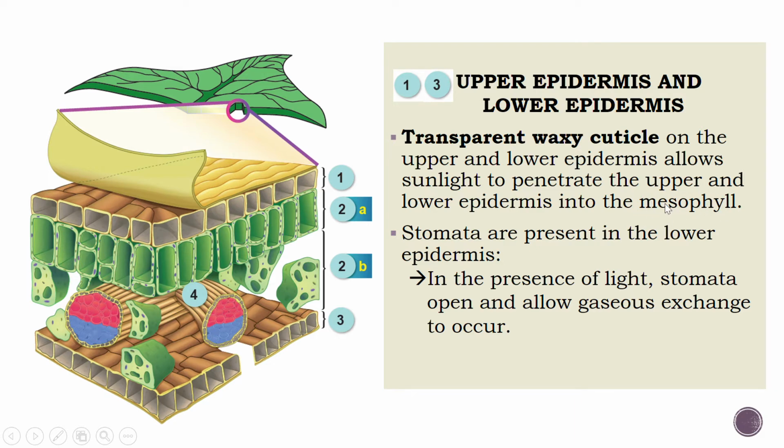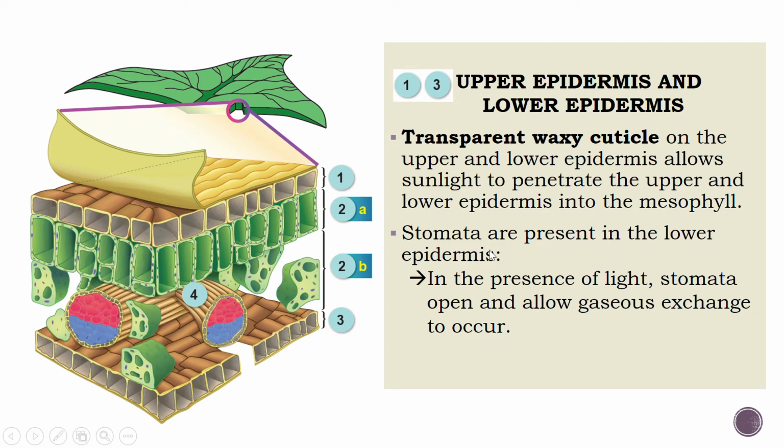So you still remember mesophyll? Okay, kita ada Palisade Mesophyll and also Spongy Mesophyll. Yang ini Palisade, yang ini Spongy Mesophyll. So these are stomata. Mainly, they are present at the lower epidermis. Stomata or the stoma refers to the pore at the epidermis.